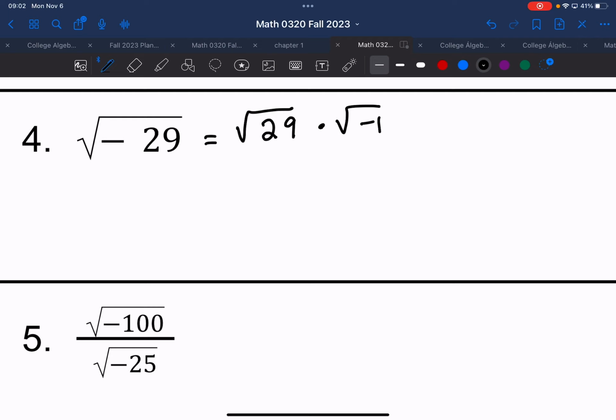No, it's not a perfect square. Can we do the prime factor tree for 29? Are there any prime numbers that go into 29? So what does that tell us about 29? It's already simplified. It's prime. Meaning our answer is i square roots of 29. If we can't simplify the number, we always just take out that imaginary part.